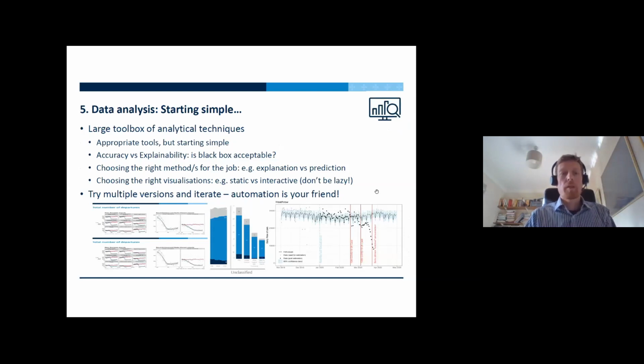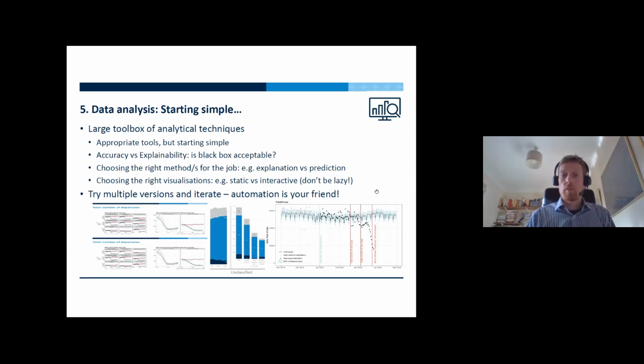There are plenty of analytical tools in the toolbox, and certainly we've used a whole number of them. Standard explanatory analysis, time series, forecasting, natural language processing. But the key with most of these is starting simple. Simple may well be good enough as a start.